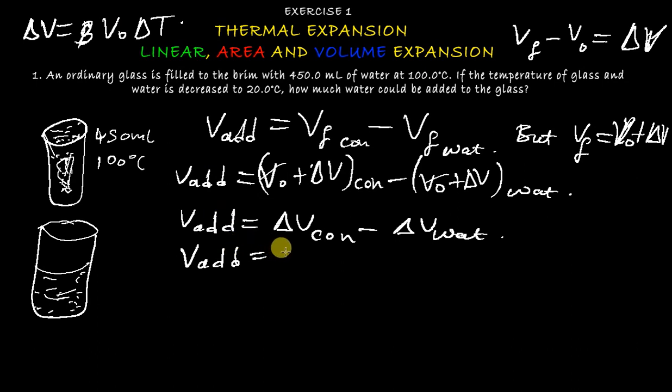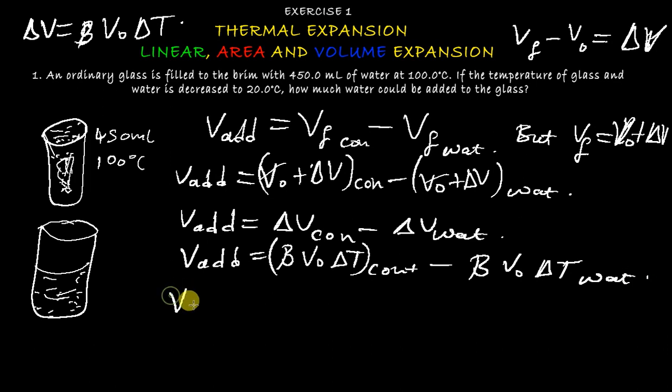So we're going to have beta V naught change in temperature of the container minus beta V naught change in temperature of water.